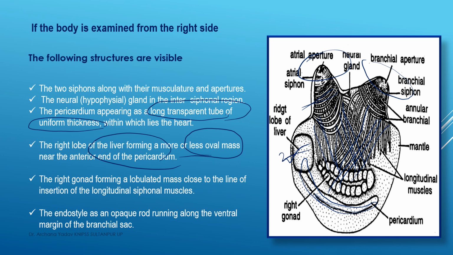The right gonad forms a lobulated mass close to the line of insertion of the longitudinal siphon muscles. The endostyle is an opaque rod running along the ventral margin of the branchial sac.